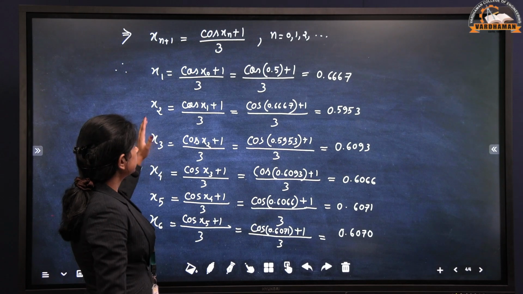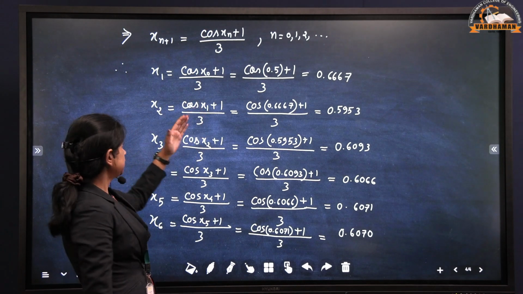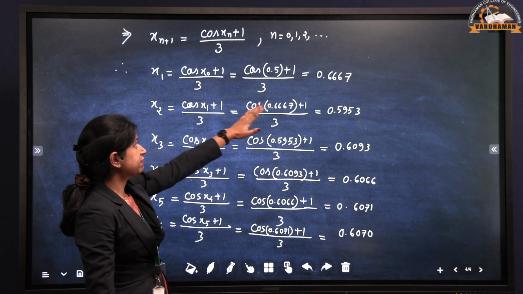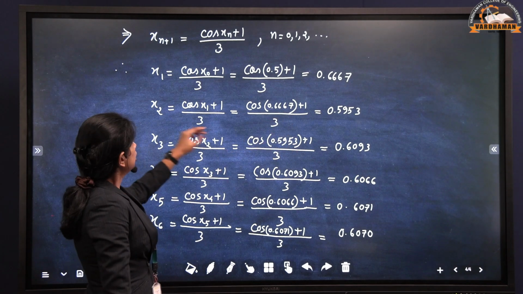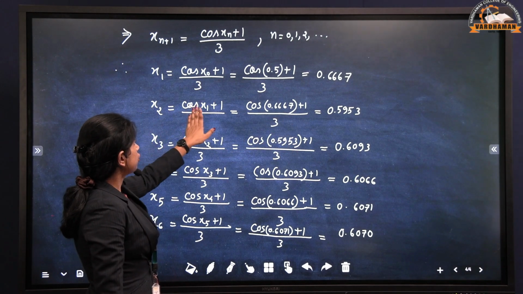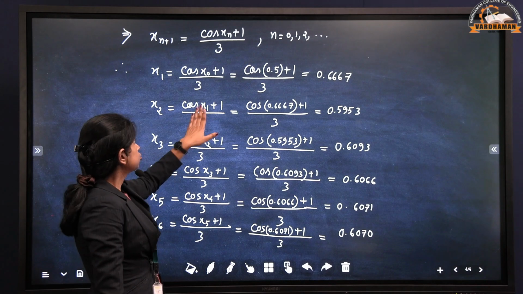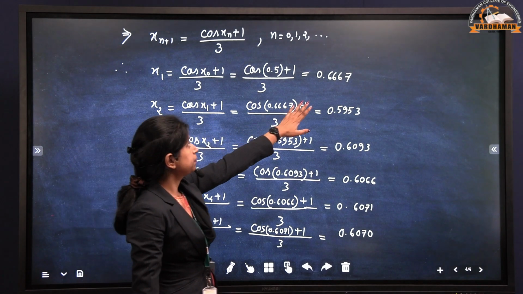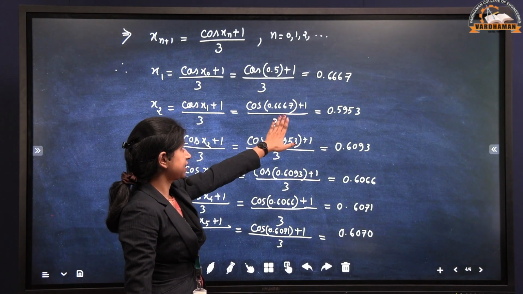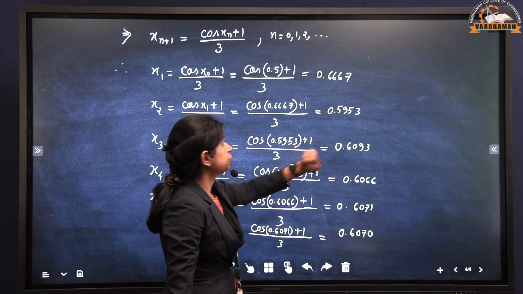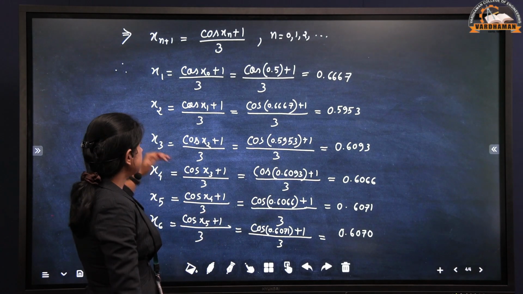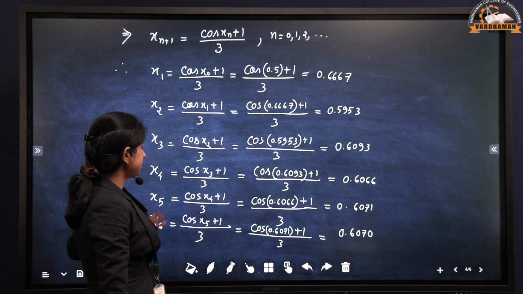We follow the similar pattern. For x1 we have got 0.6667. For x2 we have cos x1 plus 1 by 3. In place of x1 we replace it by 0.6667 and we get 0.5953. Similarly we got x3, x4, x5, x6.